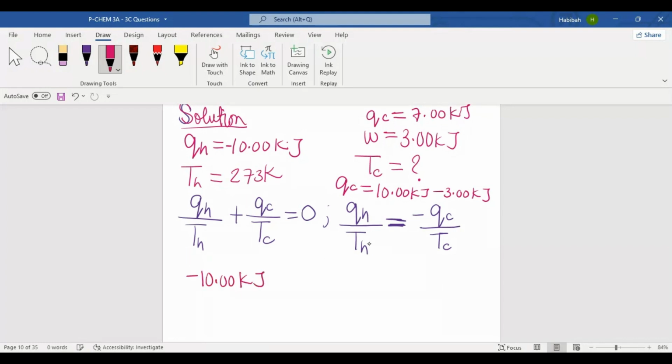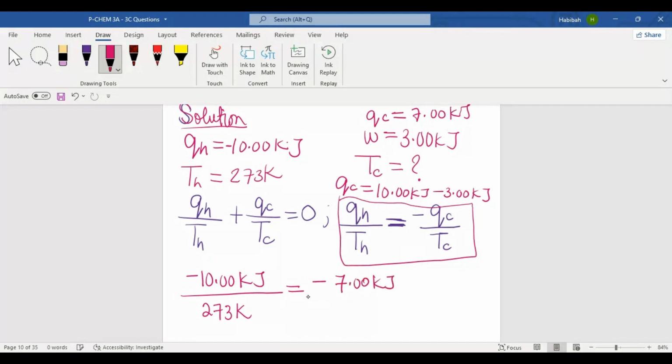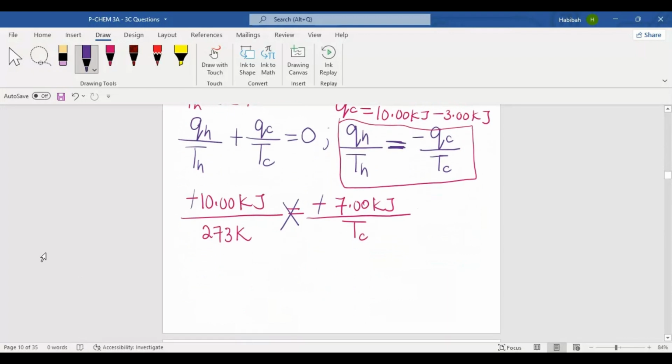Substituting into this equation: 10.00 kilojoule divided by the temperature of the hot source, 273 Kelvin, equals negative QC, which is 7.00 kilojoule, divided by TC, the temperature of the cold sink. Cross multiplying, we have 10.00 kilojoule times TC equals 7.00 kilojoule times 273 kelvins.